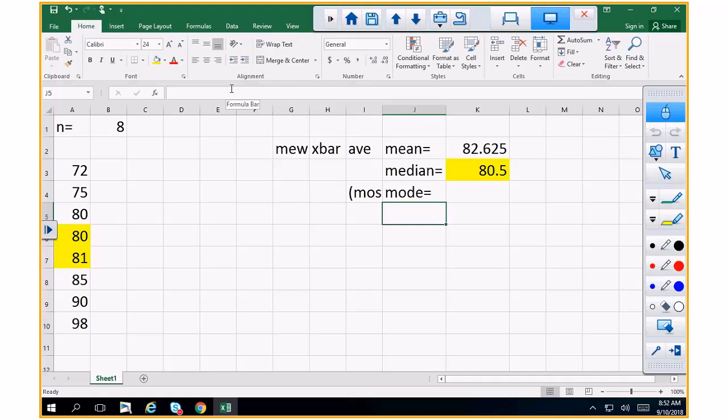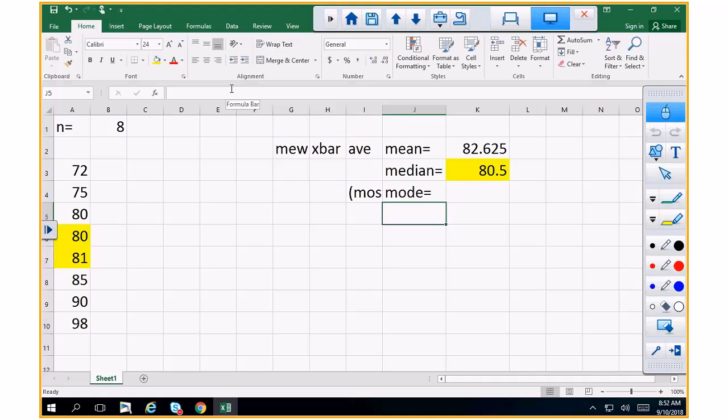Does the mode mean anything? Not really. Statistically, it doesn't. It just shows you how many numbers show up, which influences where the middle is. That's the most important thing about statistics: the middle. And that's the mean, the median, and the mid-range. Those three numbers tell you a lot. They tell you if you've got valid data.